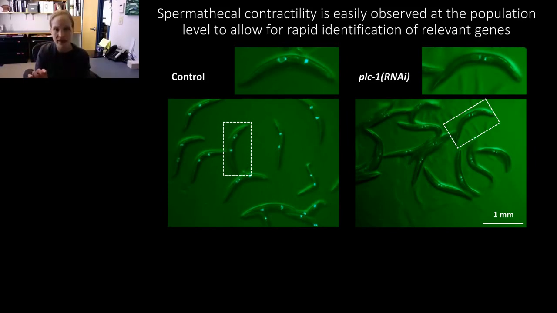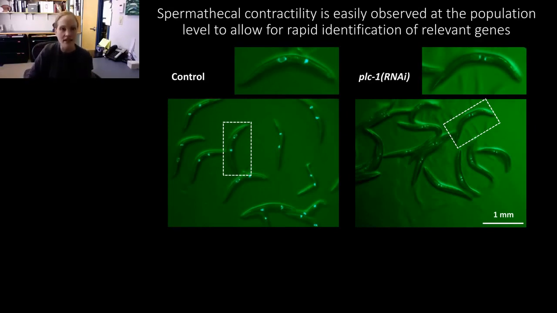But we reasoned if we disrupt a gene that's required for contraction, we should then see a shift, and now we should have a population that has most of the oocytes or embryos trapped in the spermatheca, or if they're not trapped, at least spending a longer time there because tissue contraction is not initiated at the right point in time.